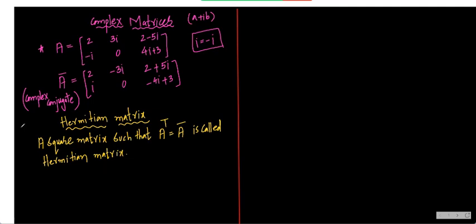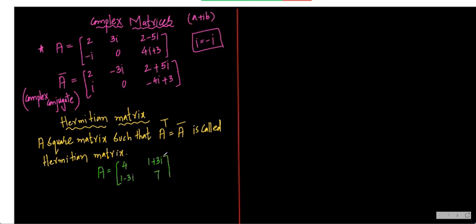We can see this with the help of an example. Suppose our matrix A is: 4, 1 plus 3i, and here 1 minus 3i, and 7.